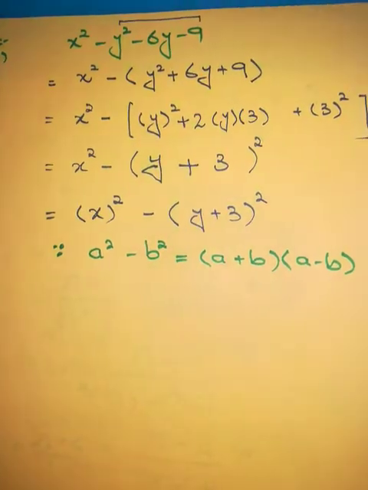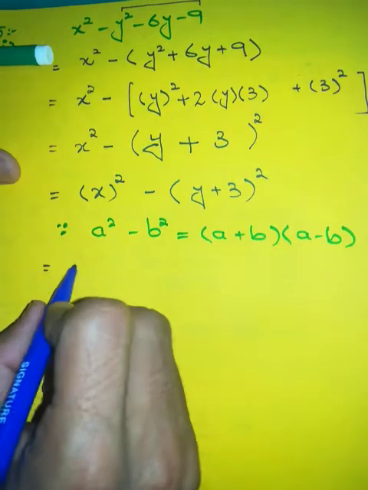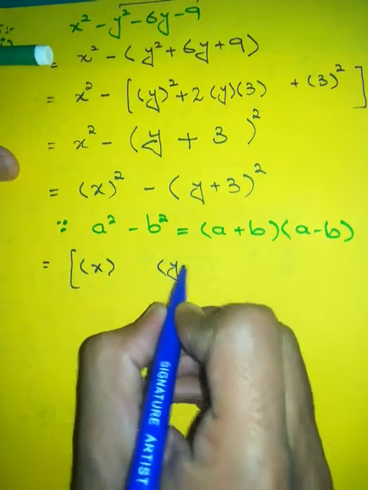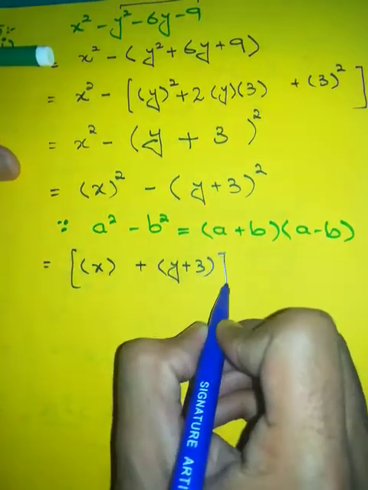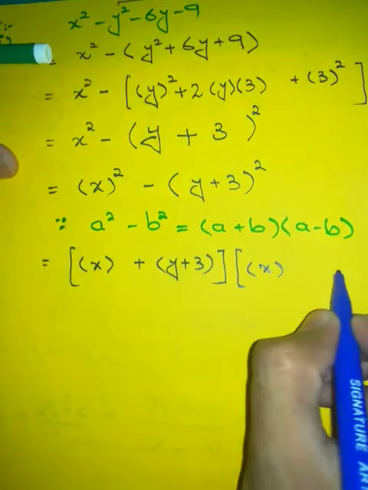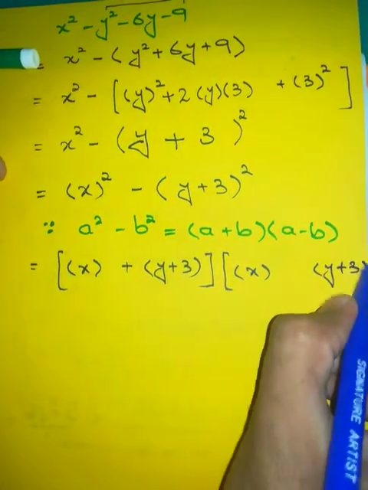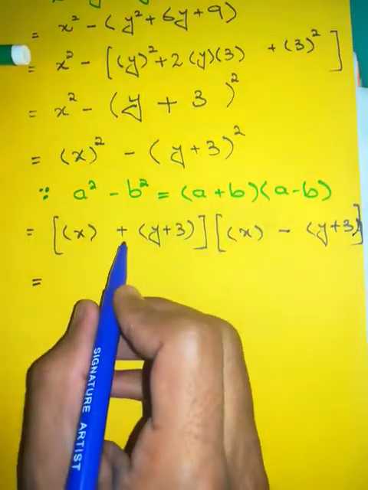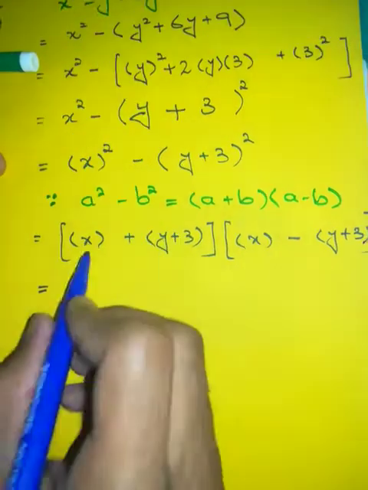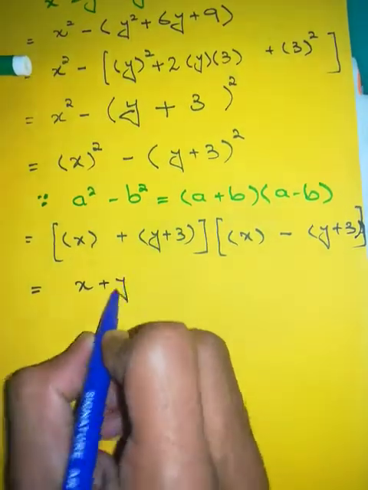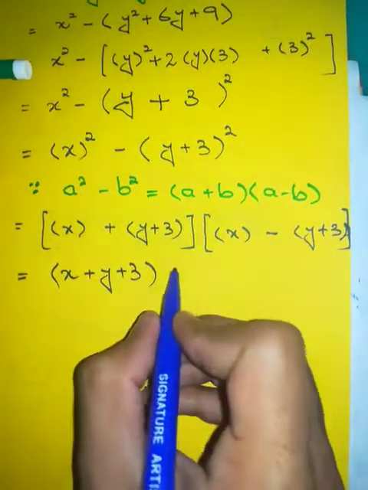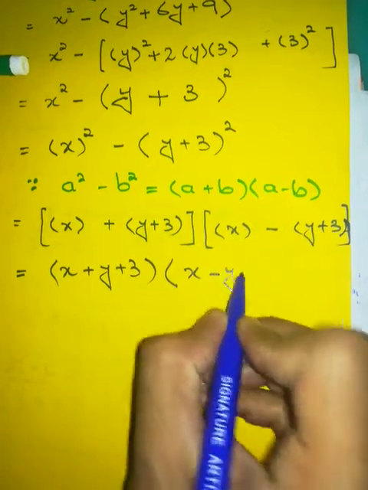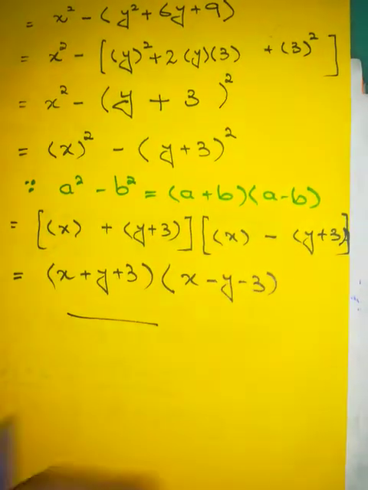By using this identity, the next step is x plus y plus 3 as one factor. The other factor is x minus with both terms negative, x minus y minus 3. That will be the answer.